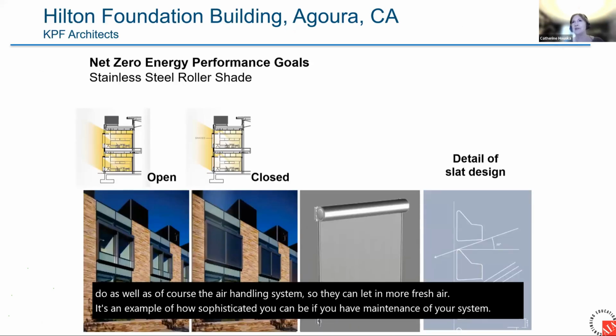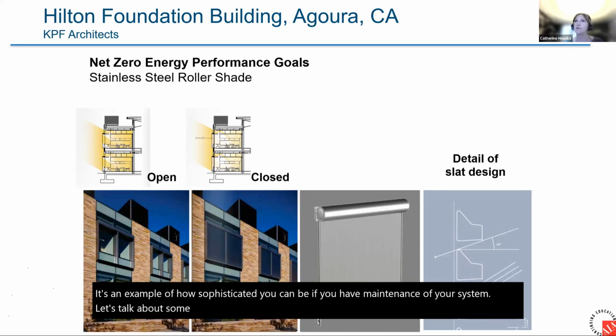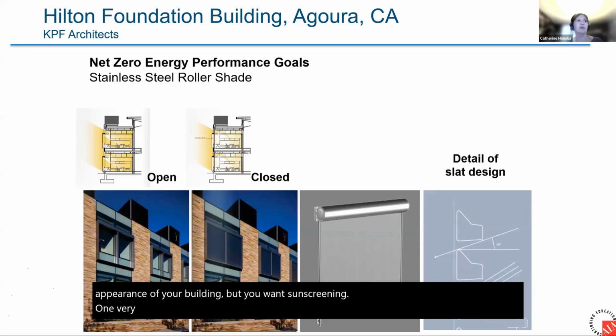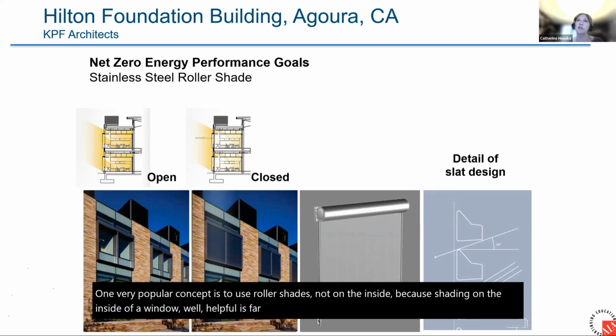Now let's talk about some simpler sunscreens. If you don't want to dramatically change the appearance of your building, but you want sunscreening, one very popular concept is to use roller shades. Not on the inside, because shading on the inside of a window, while helpful, is far less effective than shading on the outside of the window.